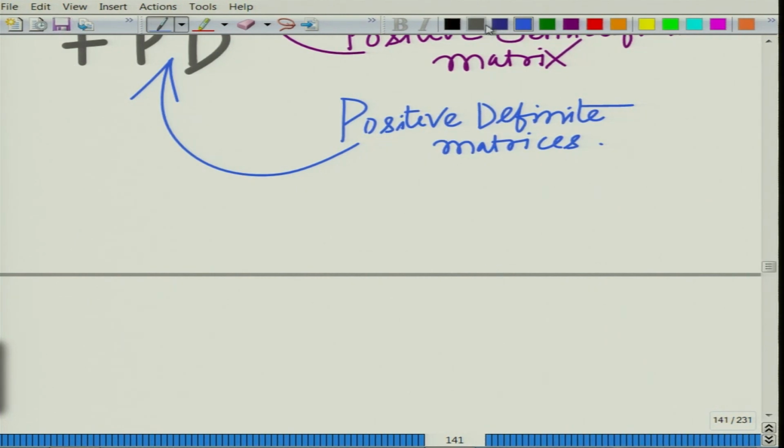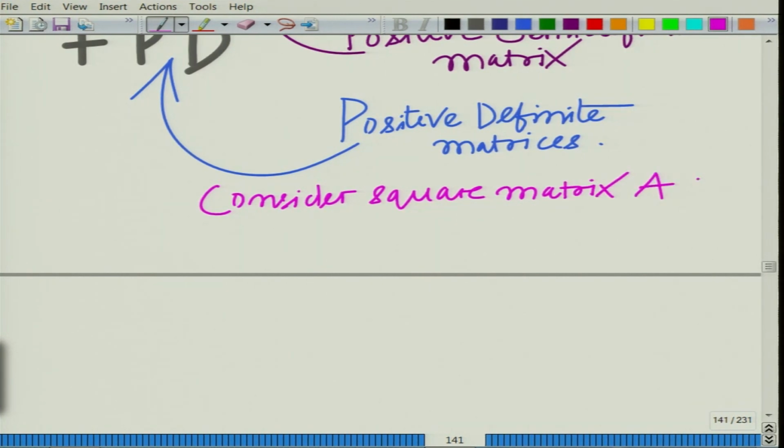Okay. Now, when do we call a matrix a positive semi definite matrix? Again we consider square matrices. In fact, we will consider a symmetric square matrix, that is, if it is real, A equals A transpose.